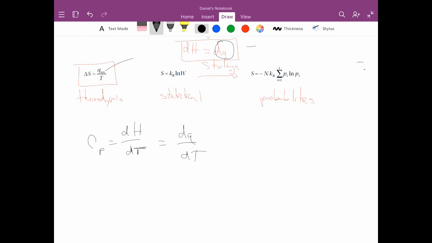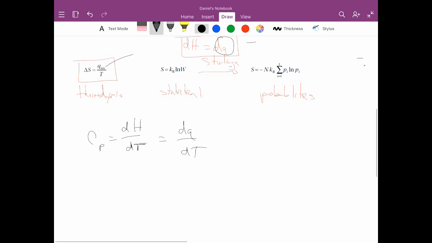And then that allows us to relate the heat capacity to the entropy change. So this thermodynamic definition of entropy is usually written like this, but what this term actually is, is the heat transferred during a reversible transition.